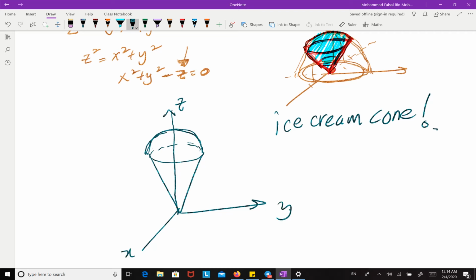Now we have to know the limit of theta, the limit of phi, and the limit of rho. For sure the limit of theta depends on xy.